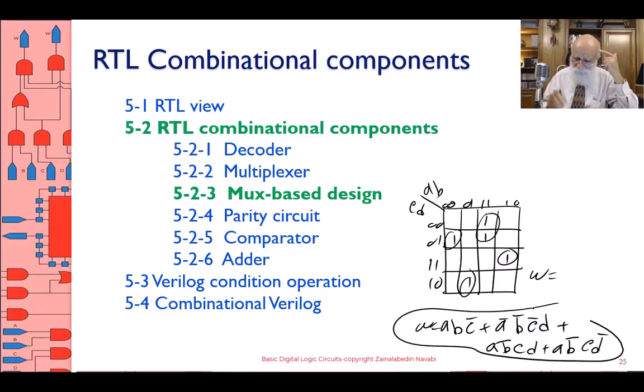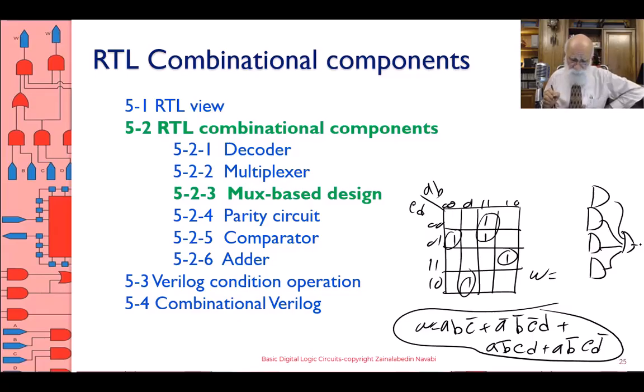Then you look at this and say, well, what do I do with this? This is four product terms, and these four product terms are AND gates, right? Trying to do the Karnaugh map. There is an OR gate here. It doesn't look like a very pretty piece of hardware.